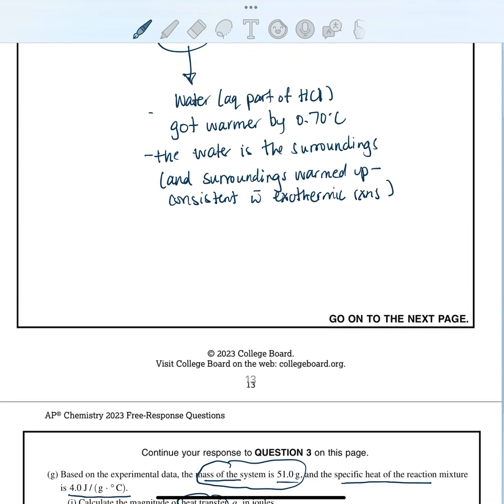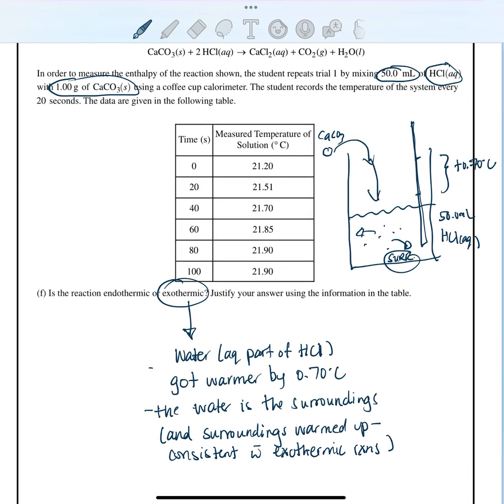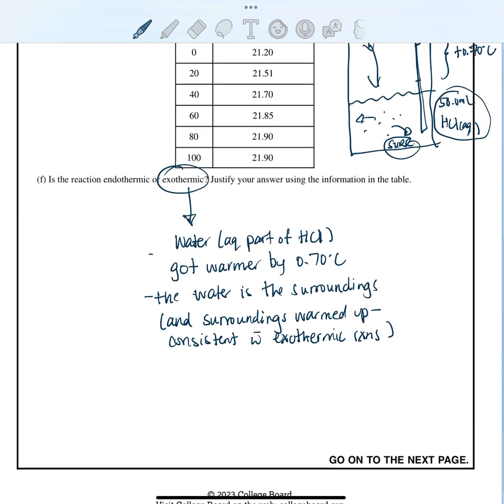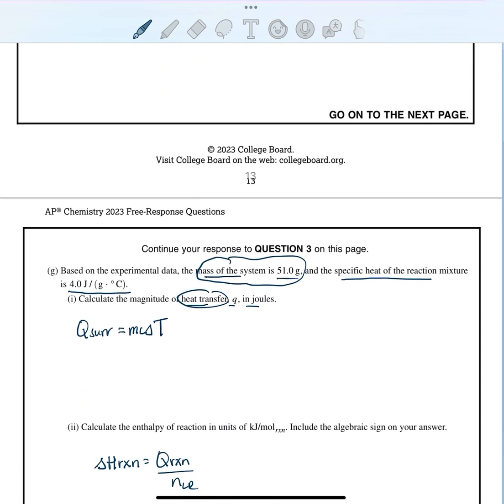If you go back up to my diagram, the surroundings is represented by the HCl, the aqueous part. This part is your surroundings. What I know is that the HCl was dissolved in 50 milliliters of water, which is equivalent to 50 grams.